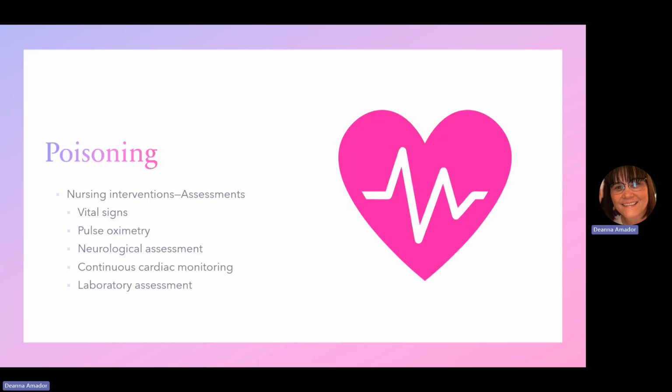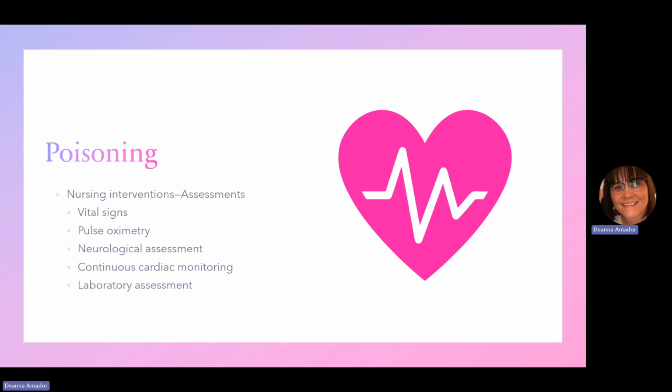So some nursing assessments and interventions. Obviously, we're going to have a risk of airway or breathing pattern problems and risk for aspiration with these patients. So we're going to be monitoring our vital signs, our pulse oximetry, our neurological assessments for level of consciousness, and continuous cardiac monitoring, especially with cardiac meds like beta blockers and stuff like that.